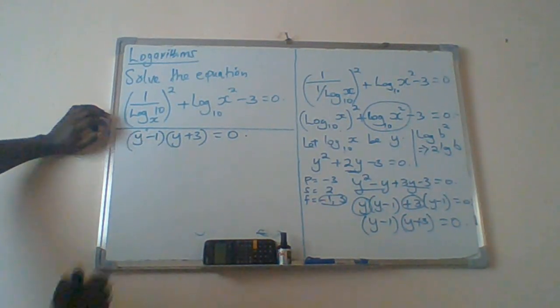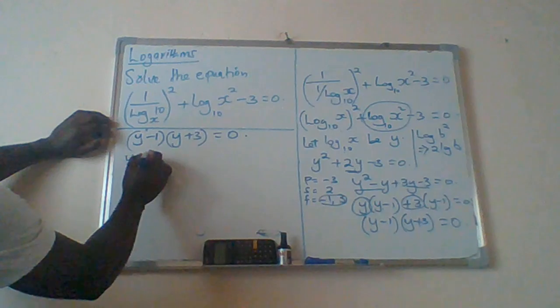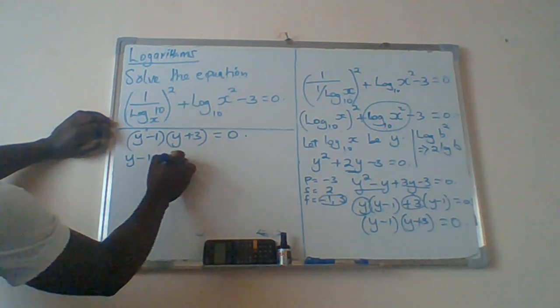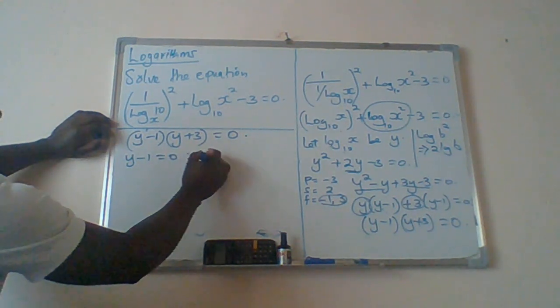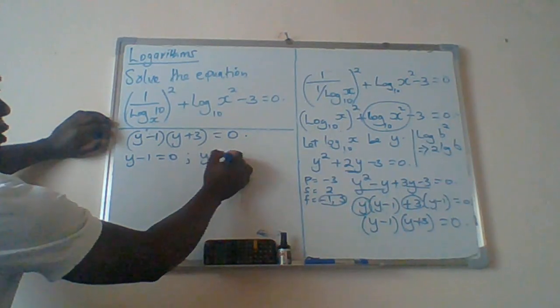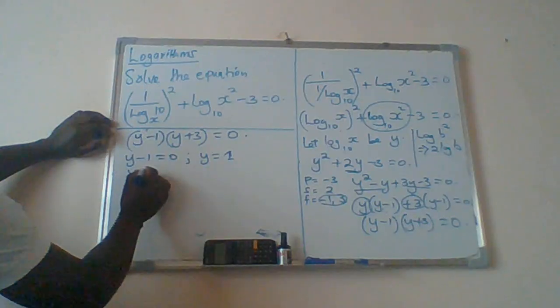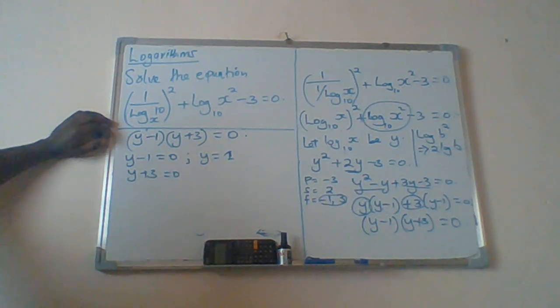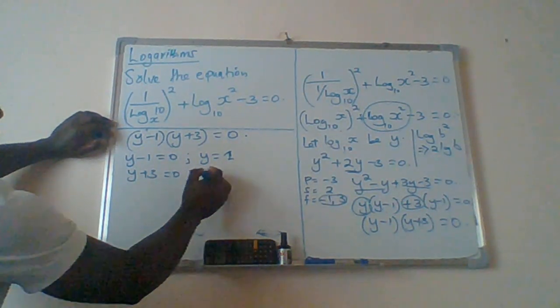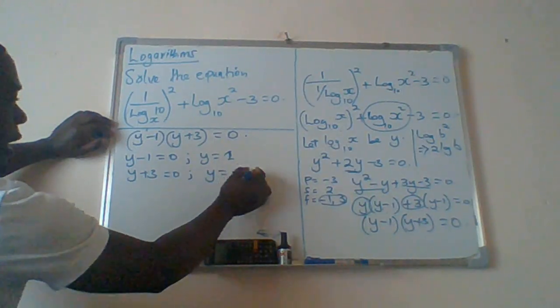It simply means that if you take y minus 1 and equate it to 0, your y will be +1. At the same time, if you take y plus 3 and equate it to 0, then your y will be -3.